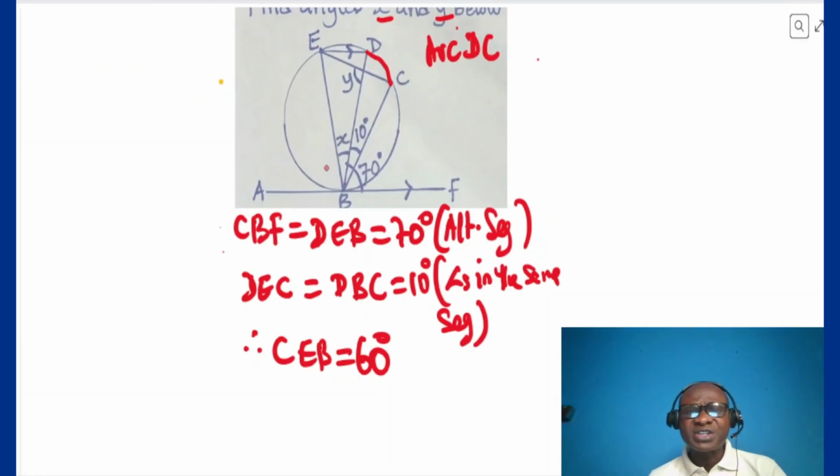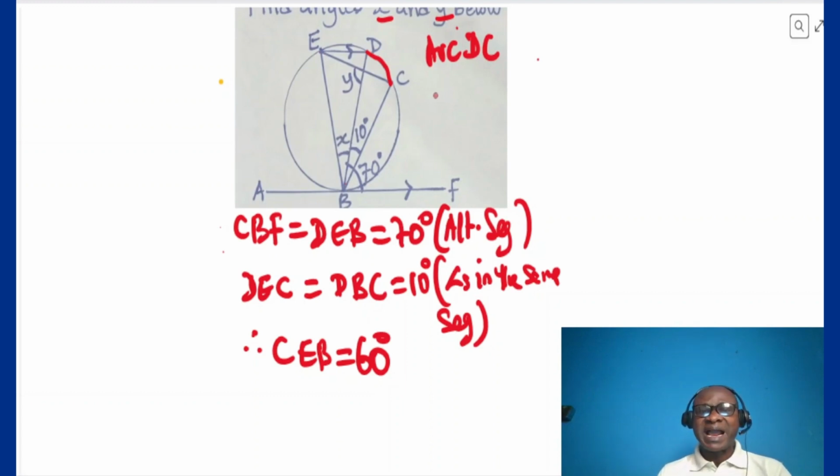Now, how is this going to help us? Let us observe another thing. When you say that line DE is parallel to line AF, a very important piece of information comes out. Watch out.